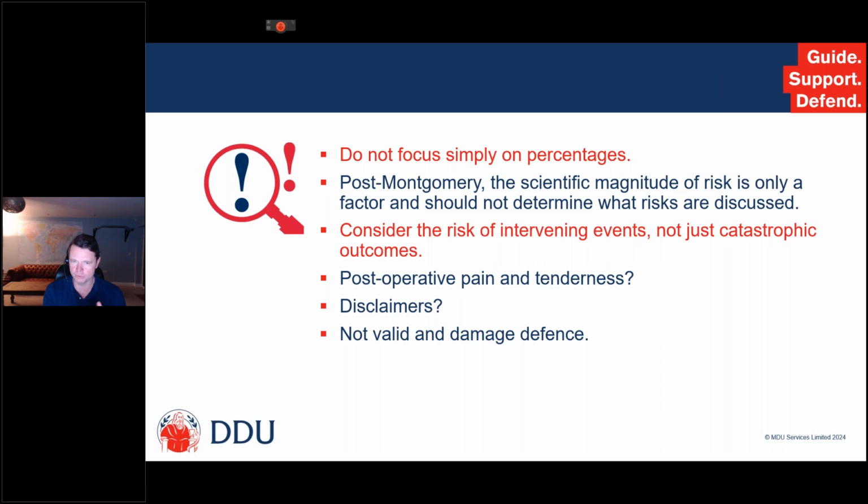We talked also, of course, about consequences as opposed to risks. Warning patients of post-operative pain and tenderness. Of course, we might expect that as dental professionals following many different types of treatment that we carry out. And we may not necessarily say to ourselves that would be expected, but of course it can have a big impact on a patient, particularly if it comes as a surprise.